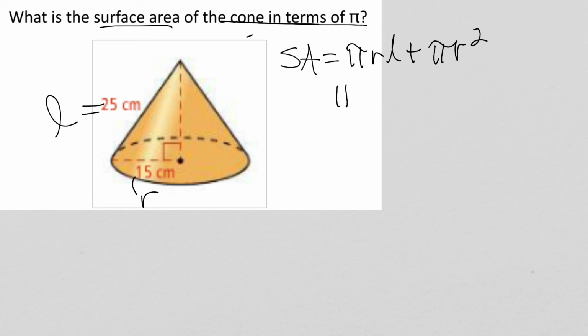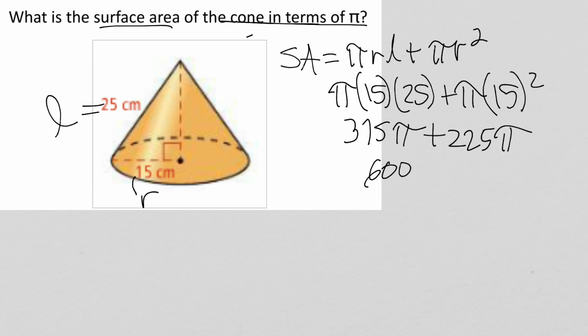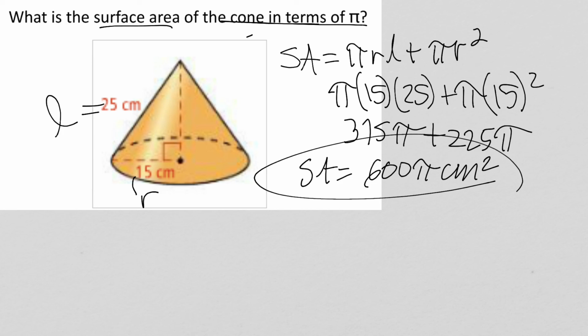So let's plug in all the information: pi times 15 times 25 plus pi times 15 squared. I get this to be 375 pi plus 225 pi. I add that up and I get 600 pi centimeters squared. That's my total surface area left in terms of pi.